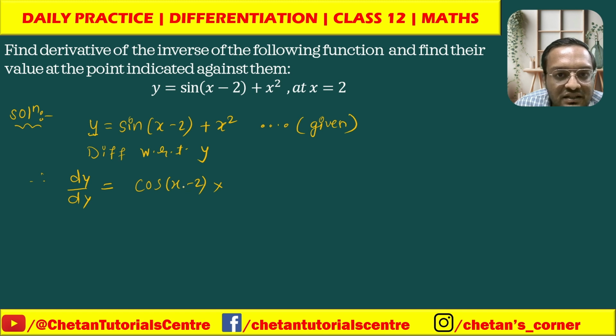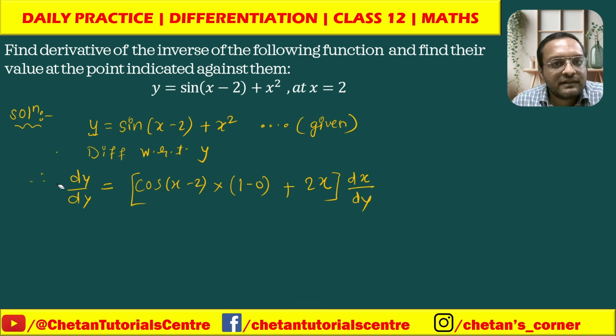Derivative of x minus 2 is, derivative of x is 1 and derivative of minus 2 is 0, plus derivative of x square is 2x. Now this x is function of y, so this whole term which has x as variable will be multiplied with derivative of x with respect to y, that is dx by dy. In this way we differentiate the given function with respect to y.